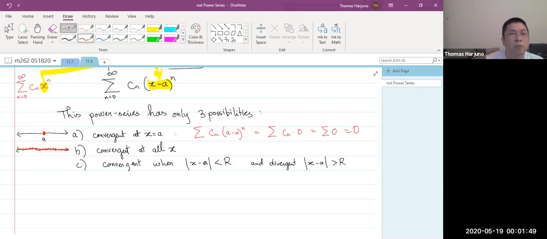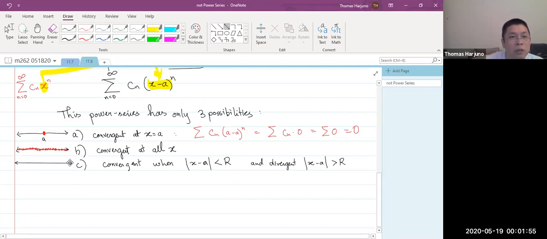Now the third possibility, it is convergent at some distance from a. So let's say this is a, you go to the right and to the left by r units. It's only convergent here. And outside of this interval, it will be divergent.